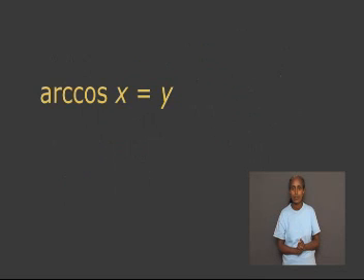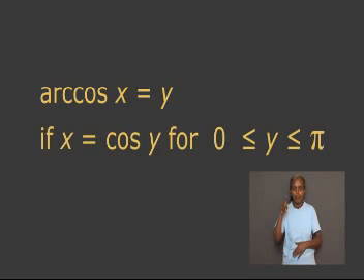The inverse cosine or arccosine function is defined by arccosine of x equals y if and only if x equals cosine of y for a value of y that is greater than or equal to 0 and less than or equal to pi.